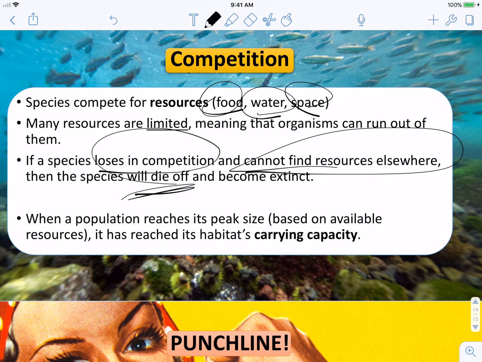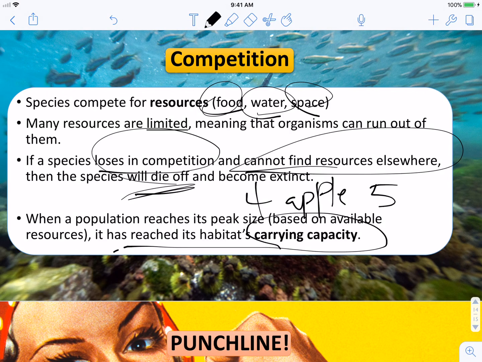When a population reaches its peak size based on the available resources, so let's say we have 4 apples a day in one room, and each one of us only needs 1 apple a day to survive. So if we have 5 people in this room and there's only 4 apples and you only need 1 a day, then we have exceeded what's called our carrying capacity.